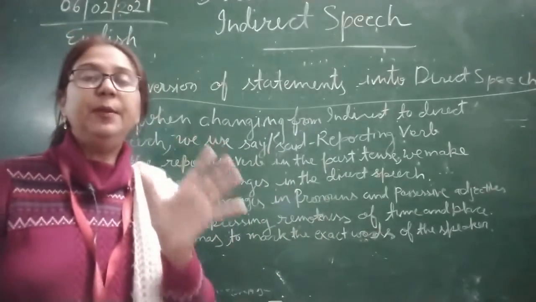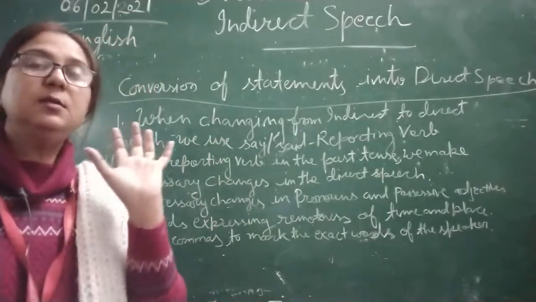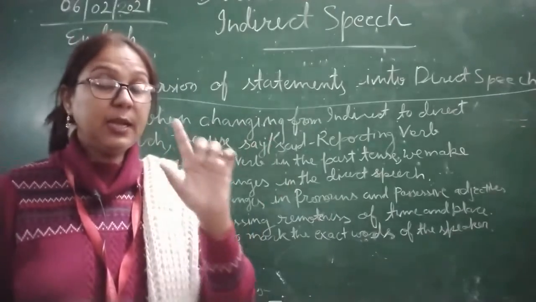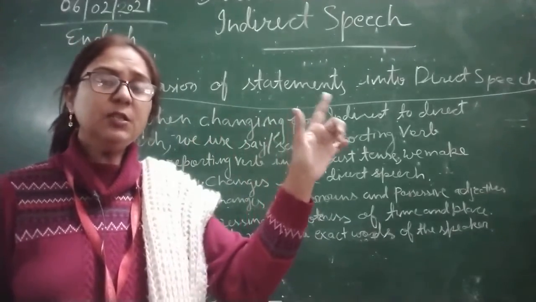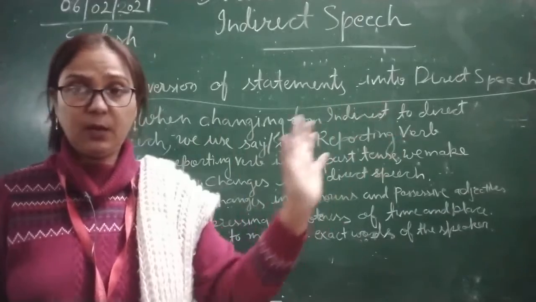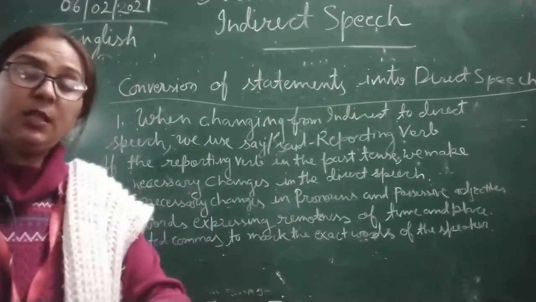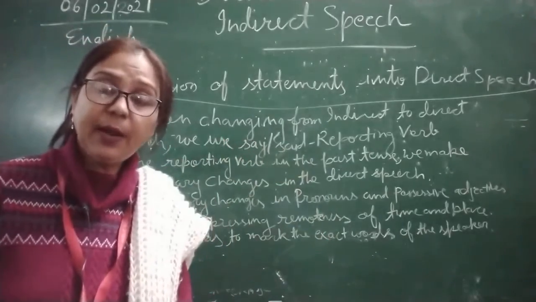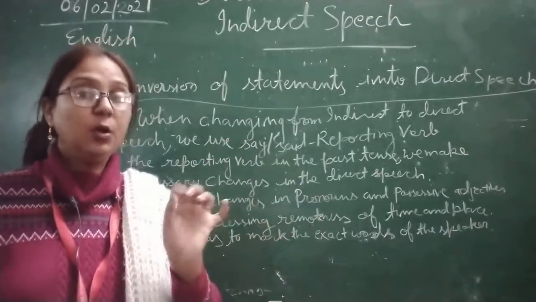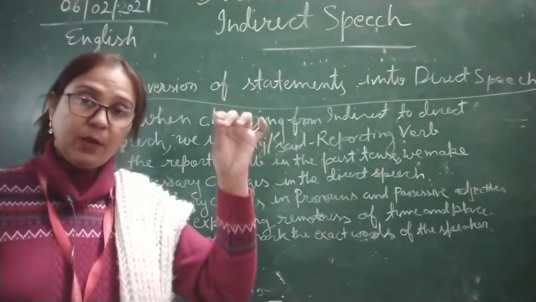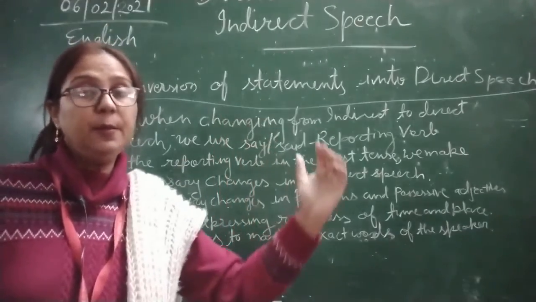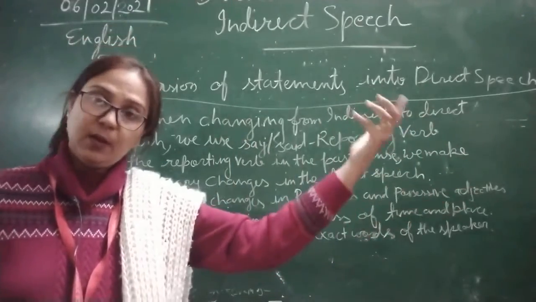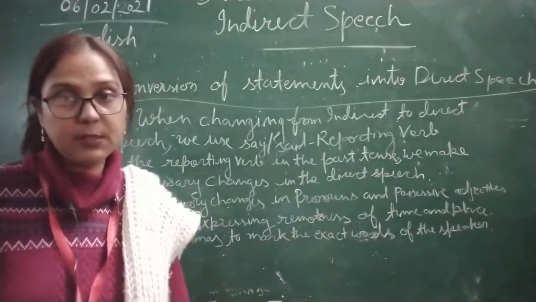Suppose, for example, in indirect speech: Rohan said that he was playing outside in the evening. So, what we will write in direct speech? Rohan said, comma, inverted comma start, I am playing outside in the evening. Inverted comma close, and full stop will be placed.